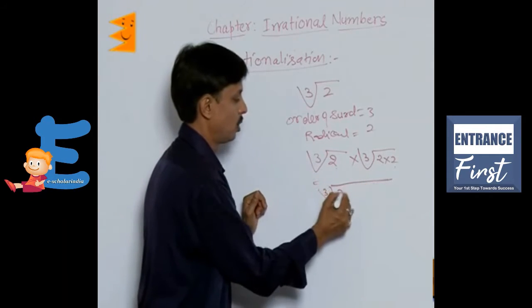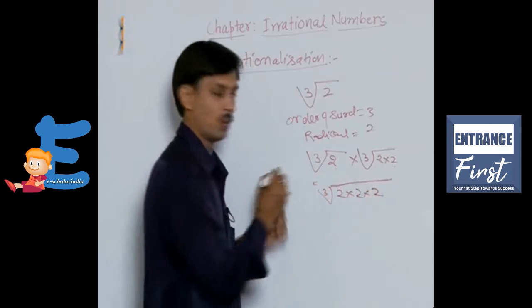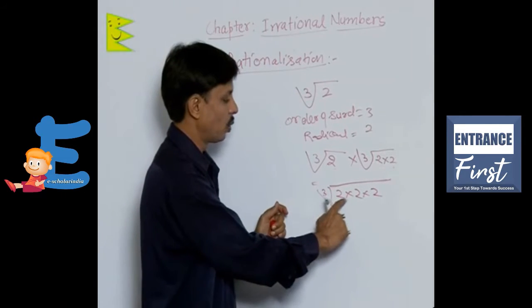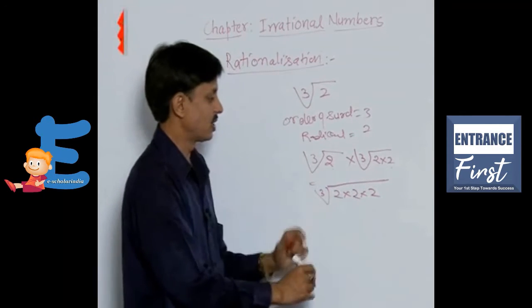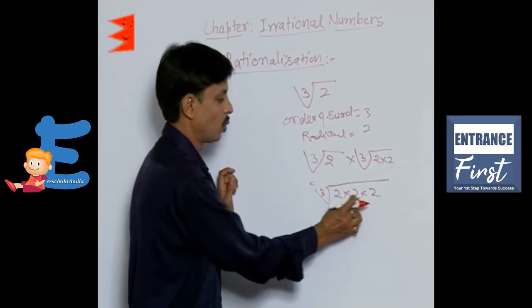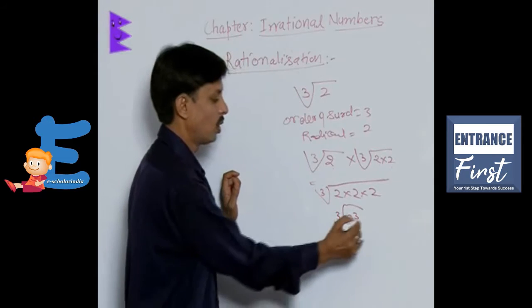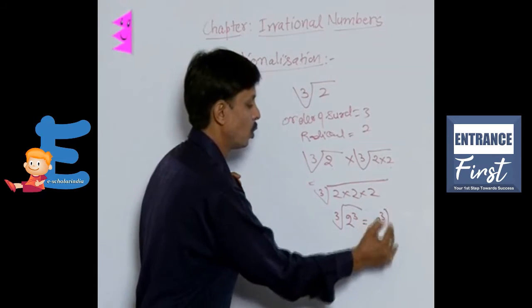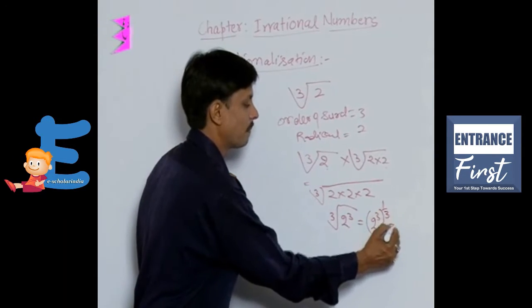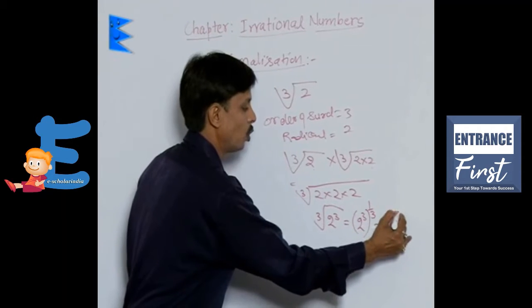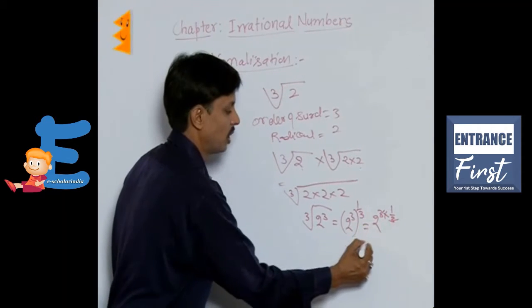So this can be written in total together as the cube root of 2 into 2 into 2. On multiplying 2 into 2 into 2, I can say this is 2 three times, that is 2 cubed, and the cube root of 2 cubed can be written as 2 cubed to the power 1 upon 3, that is 2 to the power 3 into 1 upon 3, the 3's cancel.